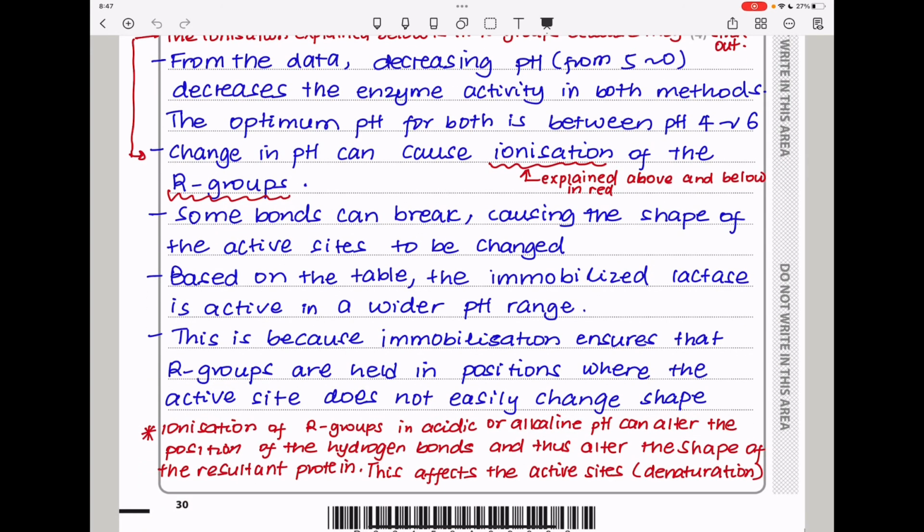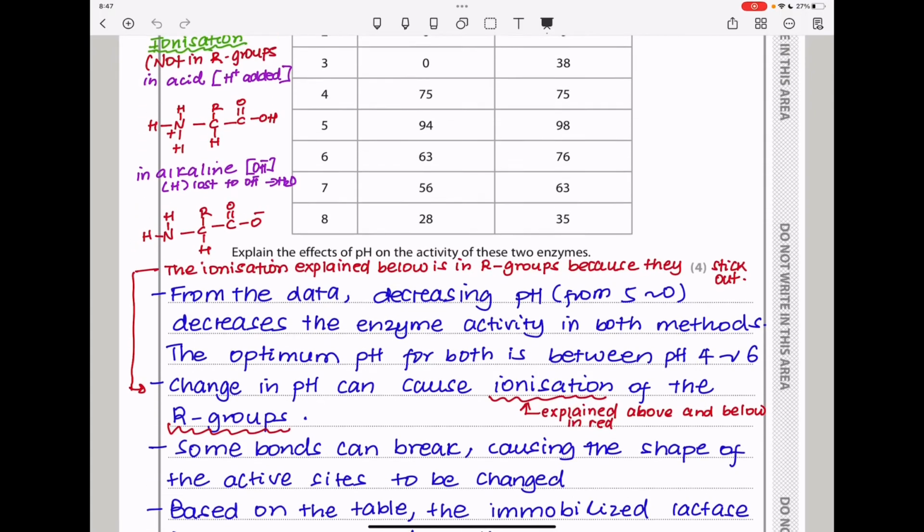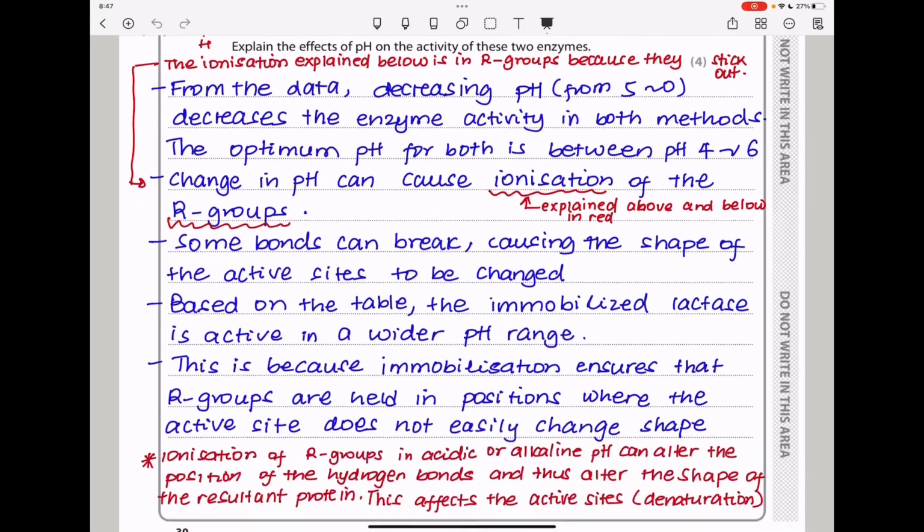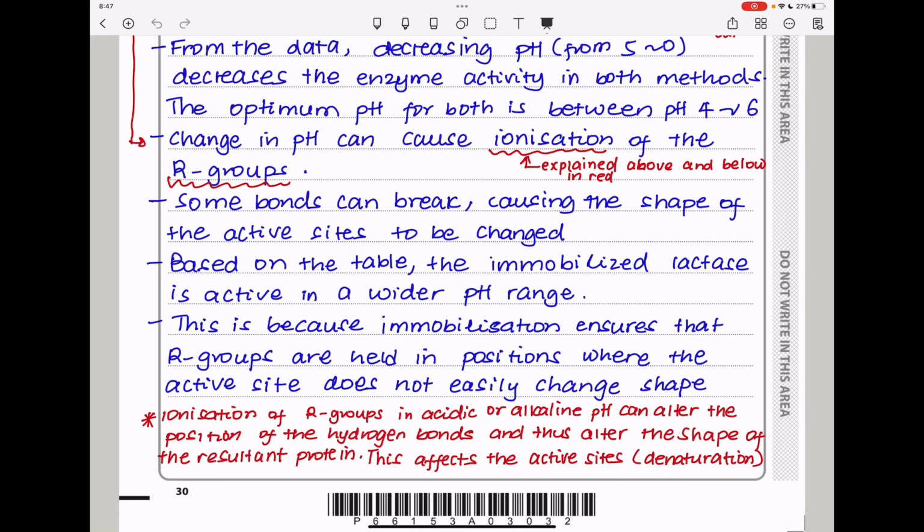So I said, based on the table, the immobilized lactase is active in a wider range of pH because we see it has greater activity. Even when the pH goes higher, there is a wider range, and when the pH was lower, there was more activity. So it has a wider range of pH in which it can work.